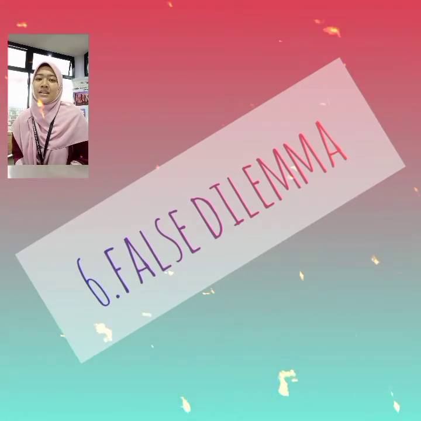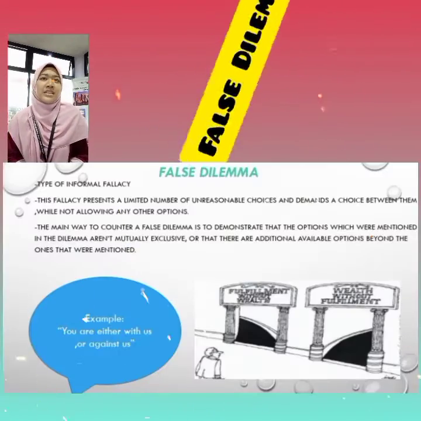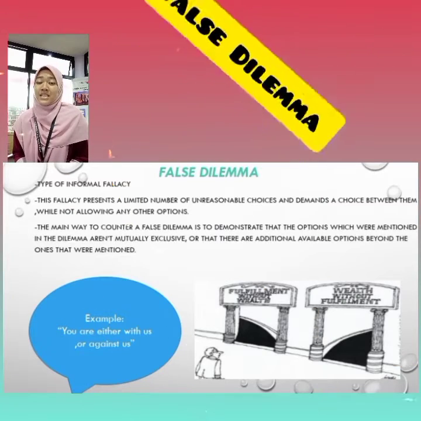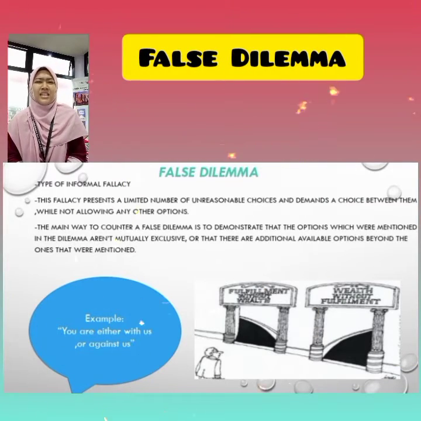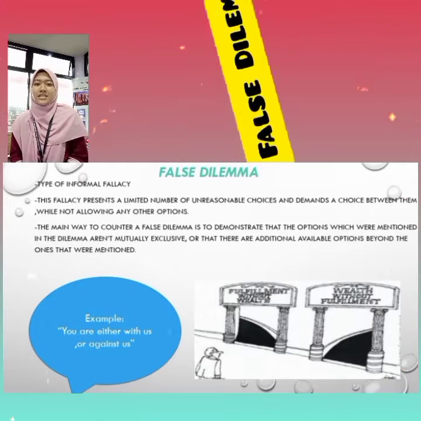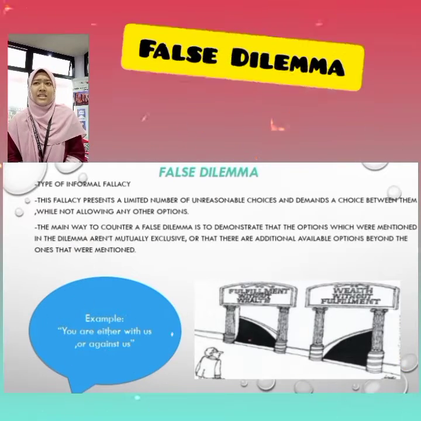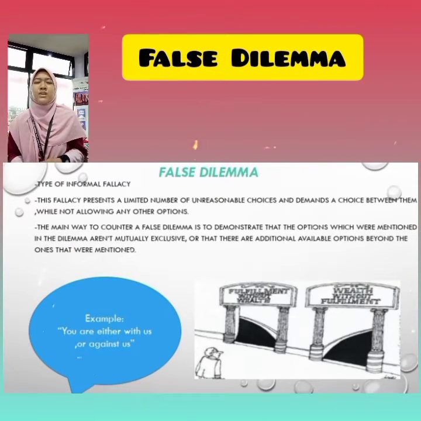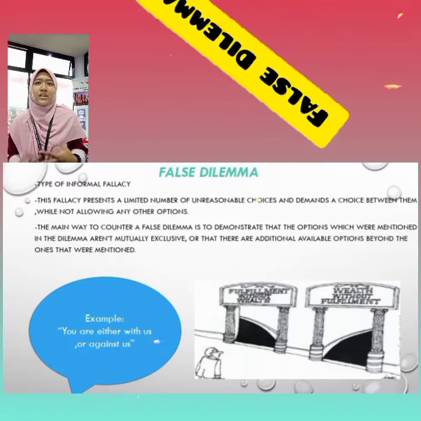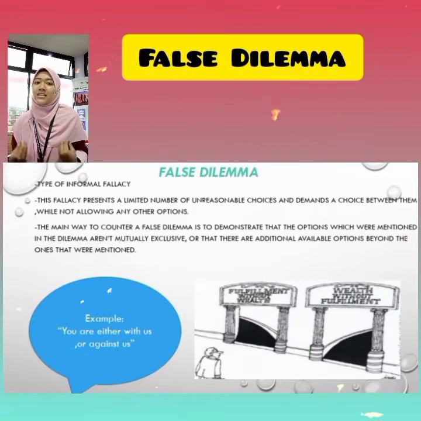I want to tell about false dilemma. False dilemma is one type of informal fallacy. This fallacy presents a limited number of unreasonable choices and demands a choice between them while not allowing any other option.